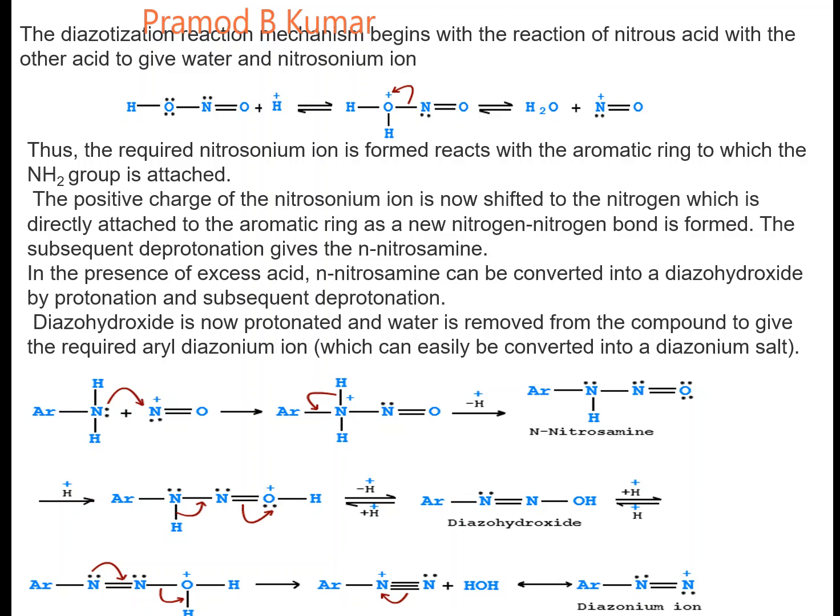What is the next thing? This nitrosonium ion reacts with the aromatic ring to which NH2 is attached. So this is an electrophile. Aniline, or any aromatic amine, has a lone pair of electrons. This lone pair of electrons will be donated to the nitrosonium ion.